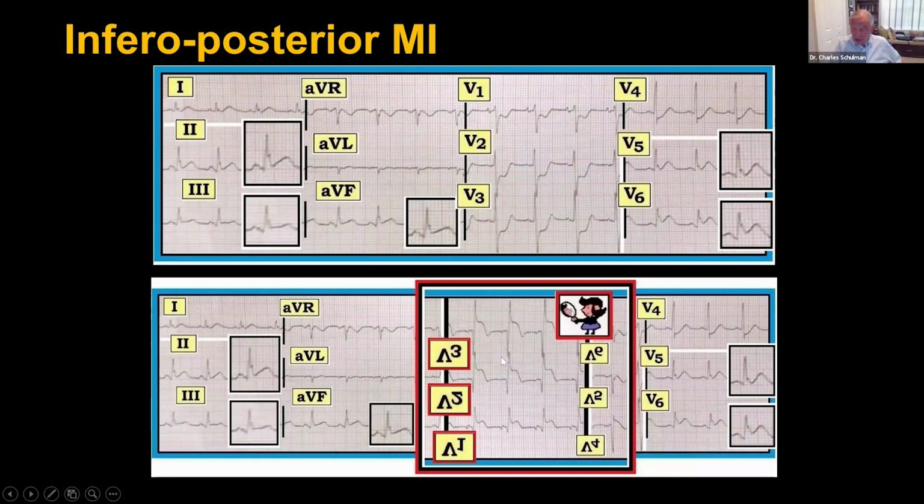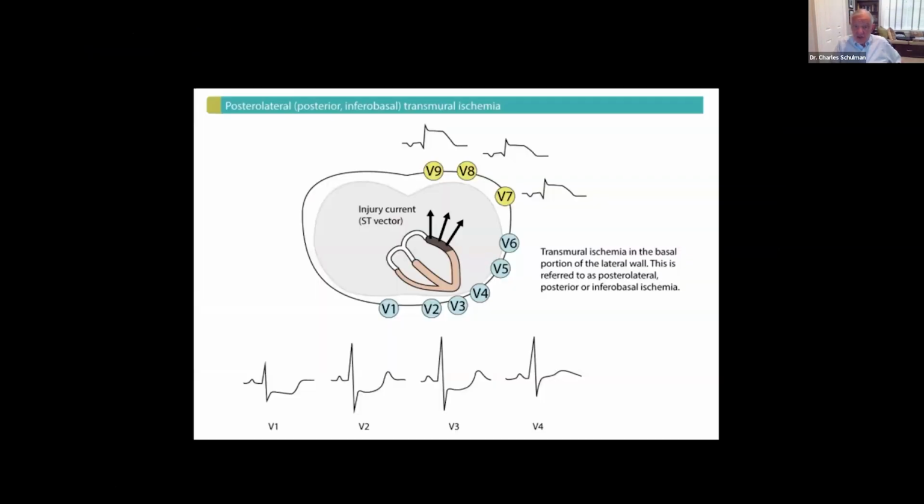That's because of the posterior area located here, and so the vector goes toward the back. If we were to take V7, V8, V9, we'd see ST elevations. But in V1, 2, 3, we see ST depressions because the vector is traveling away from V1, 2, 3.